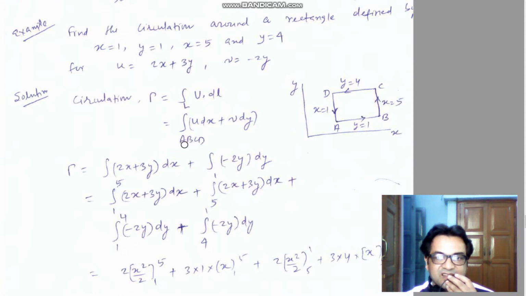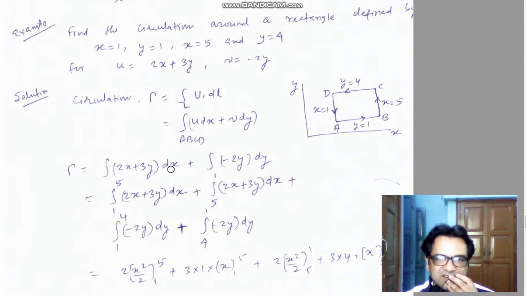So along ABCD, because this is the contour, this integration is along y equal to 1, plus along x equal to 5, plus along y equal to 4, plus along x equal to 1.